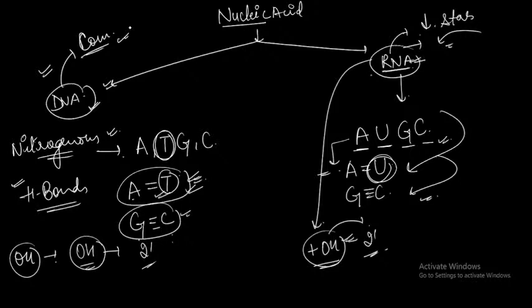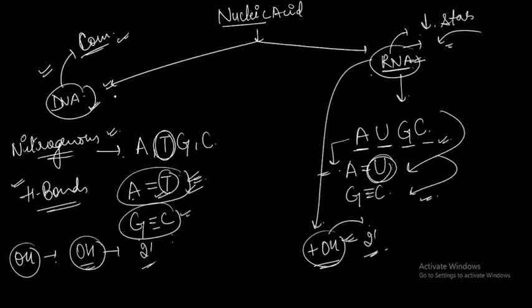So these are the major distinctions that you have to remember between DNA and RNA: nitrogenous bases, then hydrogen bonds, then the presence or the absence of the OH, which is helping in the increase or the decrease in the stability of the DNA and the RNA, right?